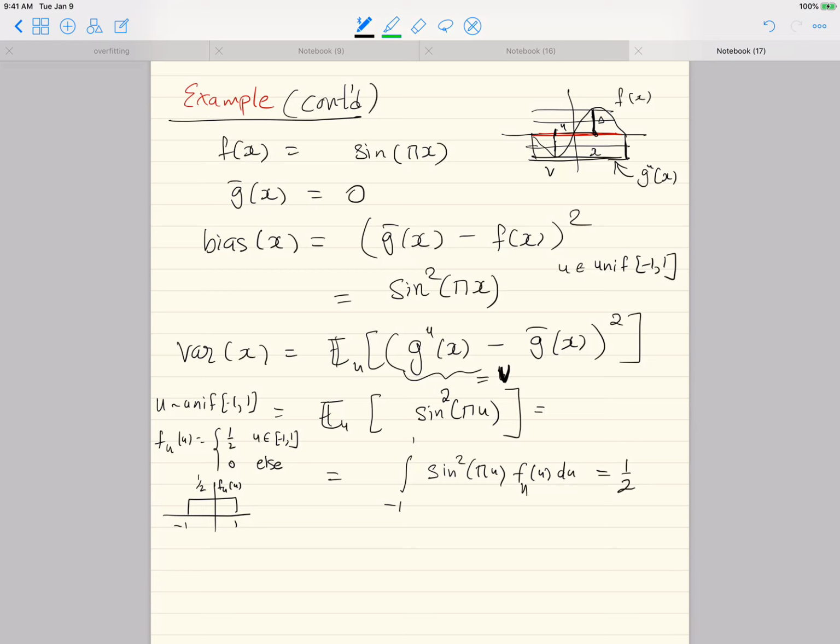No matter which x you pick, you're just getting constant outputs. So the variance is independent of where you're looking. It's not true for bias because f of x depends on x. But when you look at variance, you only look at the difference between your output and the average. You don't look at f of x. And since your outputs are constant, the variance is independent of x.